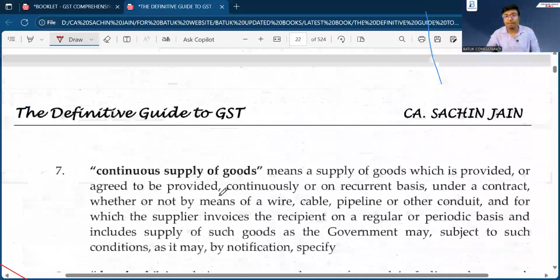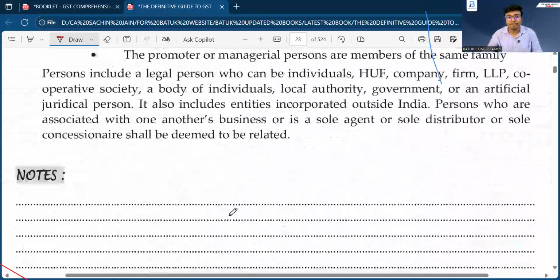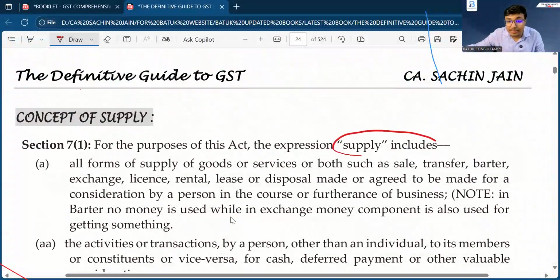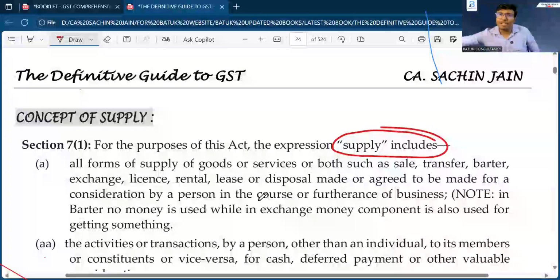Okay, we'll read the definition from the book as well. Supply includes. First thing, the government has given the definition which starts with "supply includes". The government could have said "supply means", but the government has chosen "supply includes" because the government wants a wider definition. Why a wider definition? Because the complete applicability of GST is based on supply only.